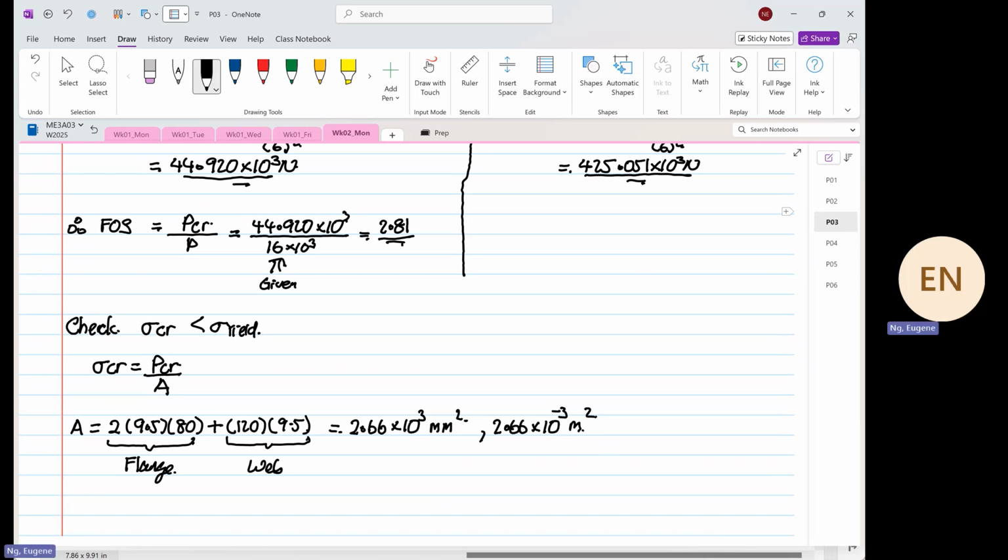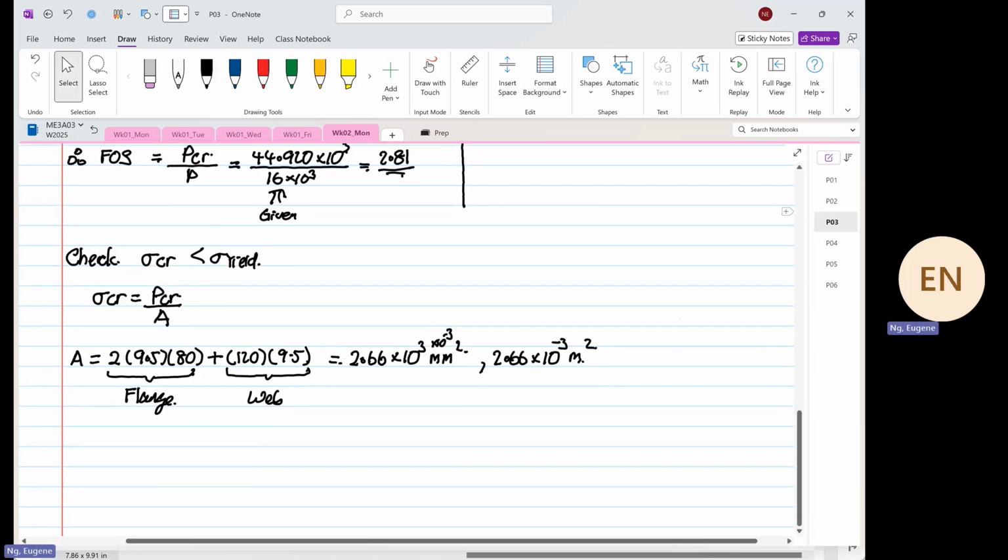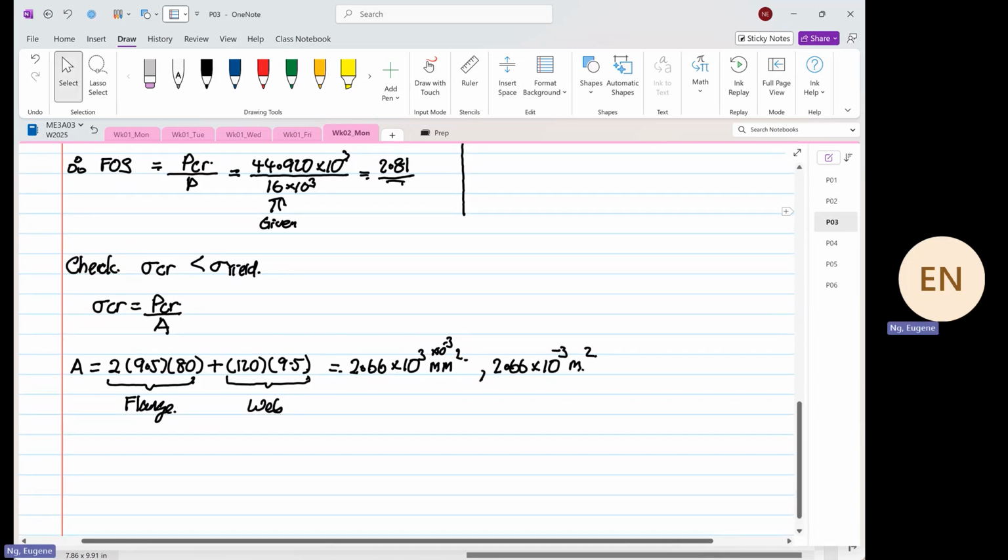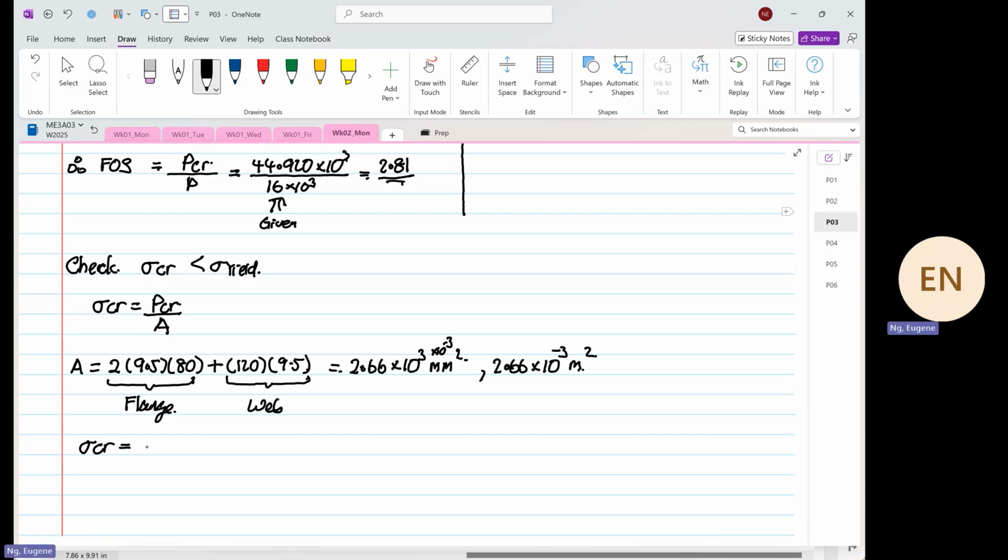Why is that the case? Because from meter to millimeter, you have to times 10 to the power minus 3, so it's 10 to the power minus 6. Minus 6 plus 3 is minus 3. So when that's the case, your stress critical is equal to P critical, which is 44.920 times 10 to the power 3 divided by 2.66 times 10 to the power minus 3.